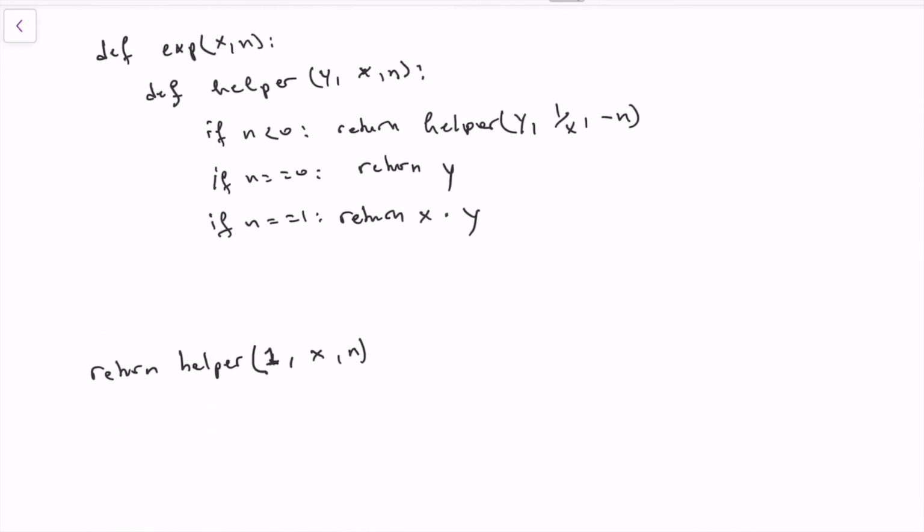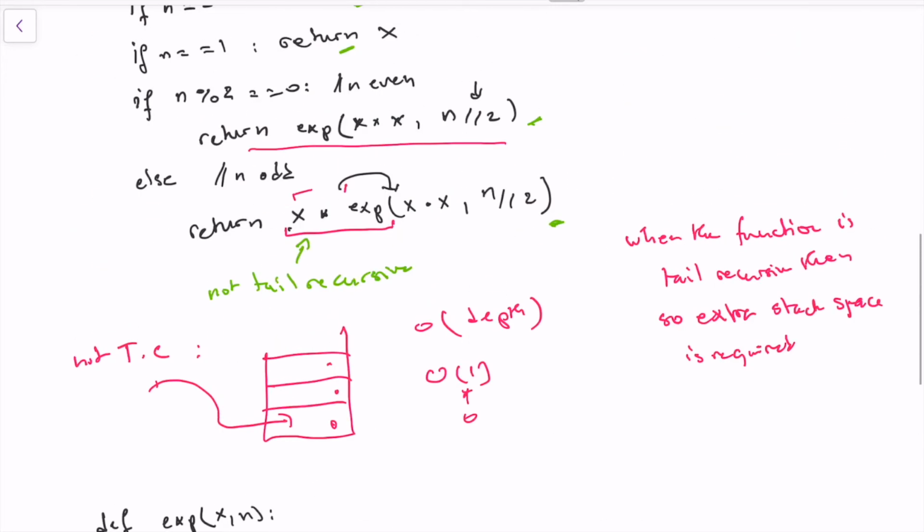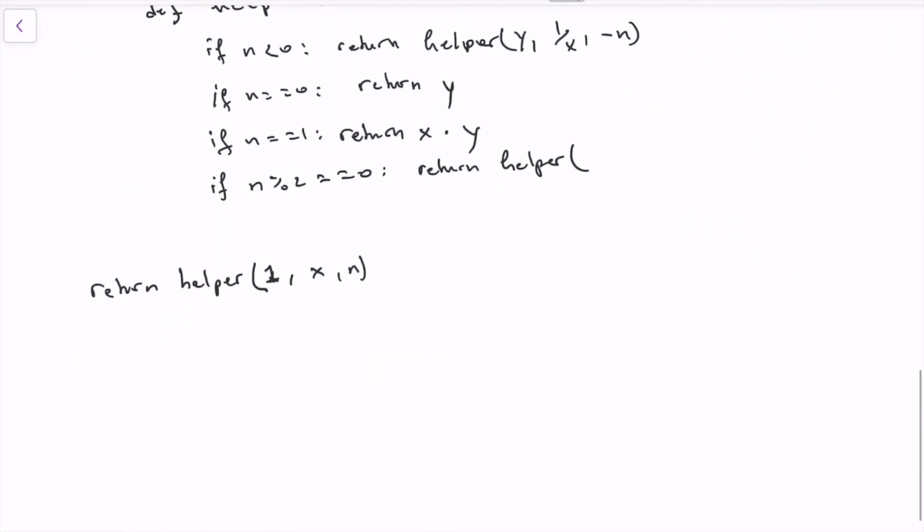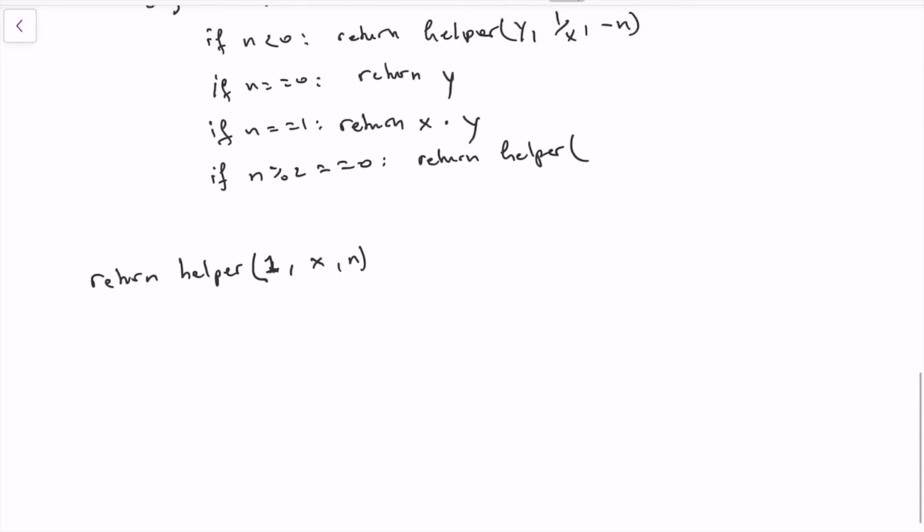And so here, after that, I can check if n is even, which is n mod 2 equal to 0. Then at that point, I can return the same thing I returned before, which is x multiplied by x and n divided by 2. And so y stays the same, because at the end we will already multiply whatever is at x by y, right?